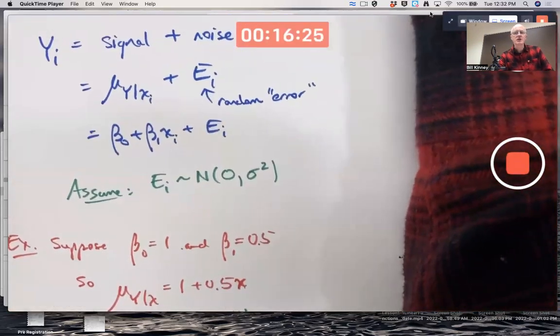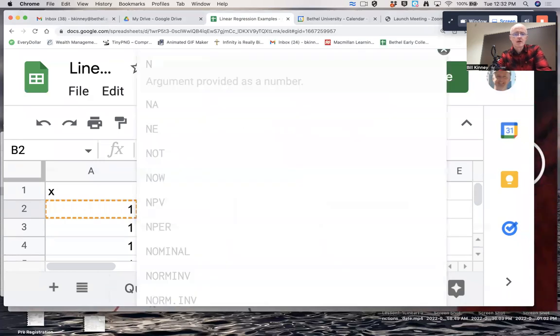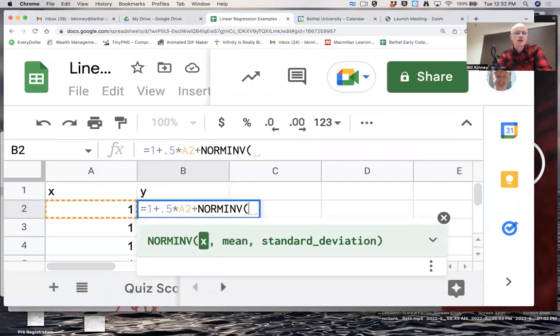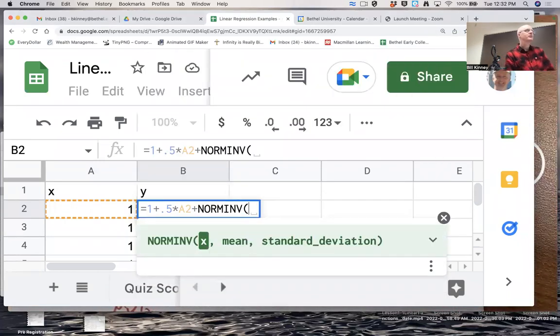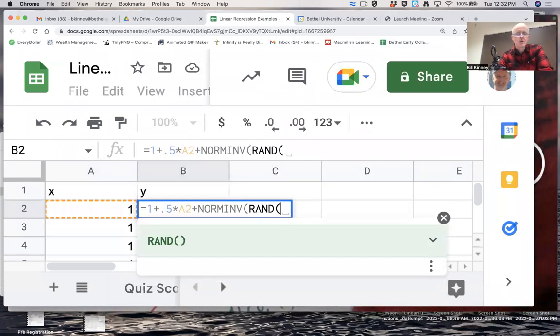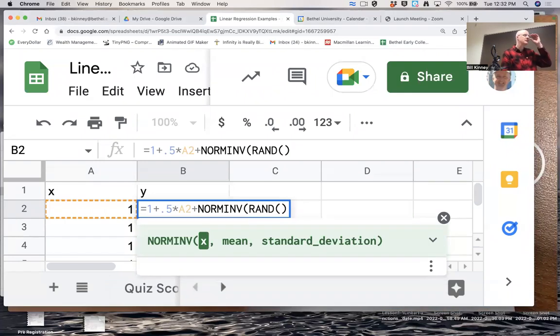NORM.INV in a spreadsheet. We'll do some simulation if you combine it with RAND like this. What NORM.INV does is it really gives you X or Z values, depending on whether you're using the original distribution or standard normal distribution.